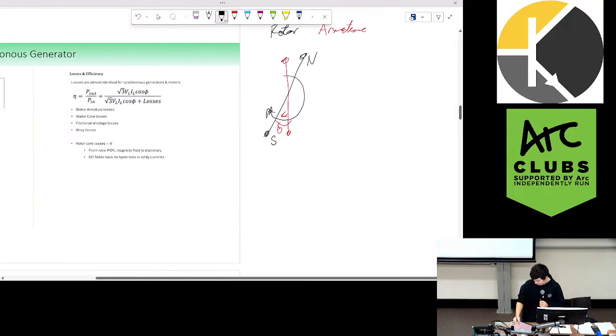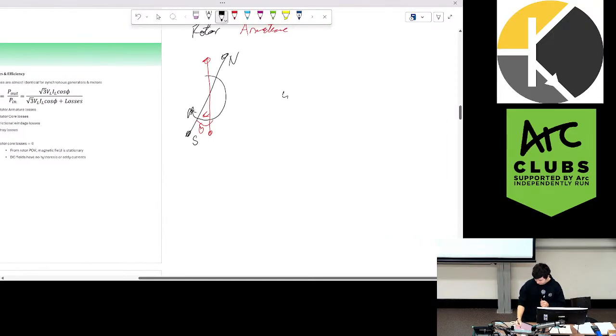So in the same way that with an induction machine, if I had omega m, omega s minus omega m on omega s, I might consider it in the same fashion.